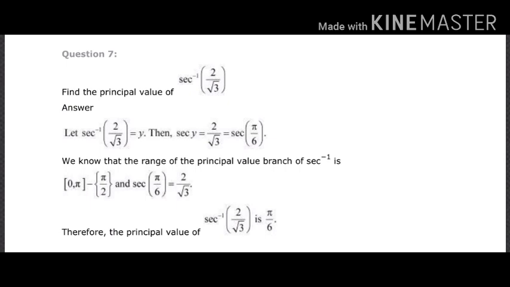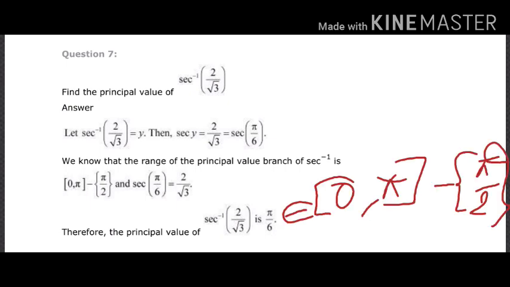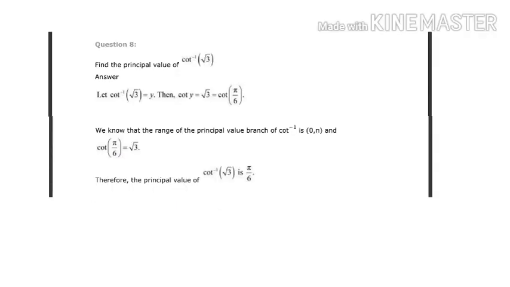We know the range of principal value branch of sec inverse is 0 to pi, close bracket, minus pi by 2, and sec pi by 6 is equal to 2 by root 3, we know earlier. Therefore the principal value of sec inverse 2 by root 3 is pi by 6, as it lies in the given principal value branch.